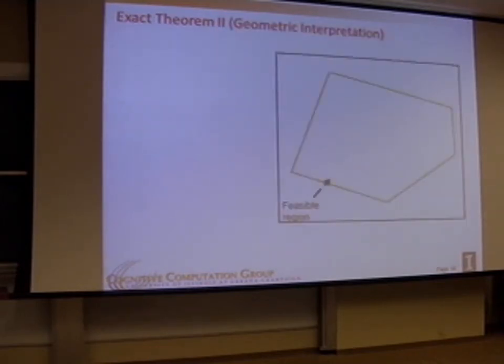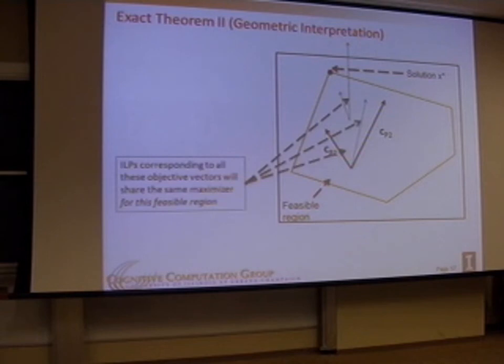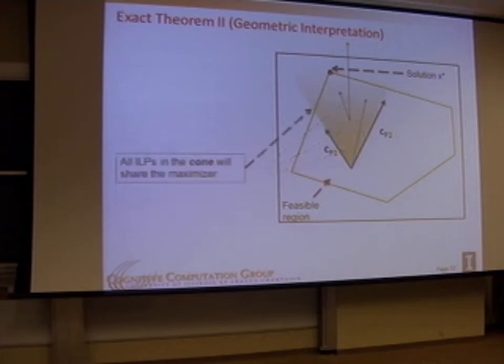So geometrically, you can think about it this way. I have multiple solutions, P1 and P2, multiple objectives, CP1 and CP2, and they have the same maximizer here. As a function of that, the whole cone of CP1 and CP2 shares the same maximizer.